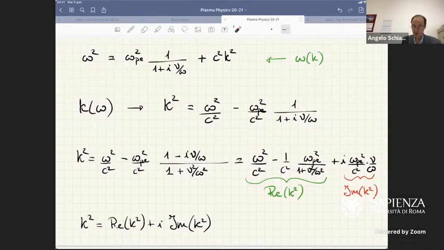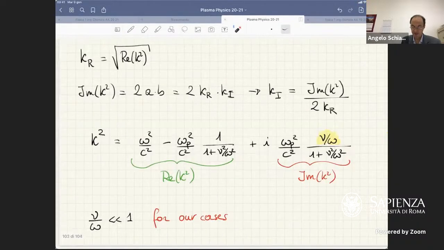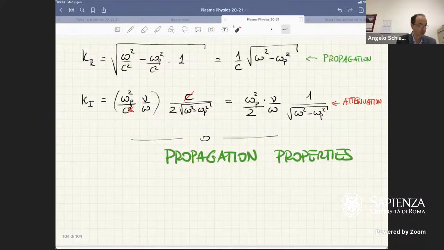If we combine the two and isolate the propagation relation, we can express it as c squared kr squared equals, we just take the square of this term here and go back to the usual dispersion relation.